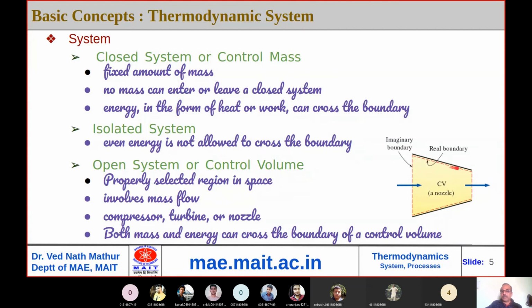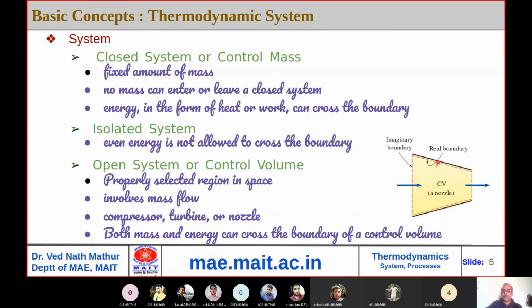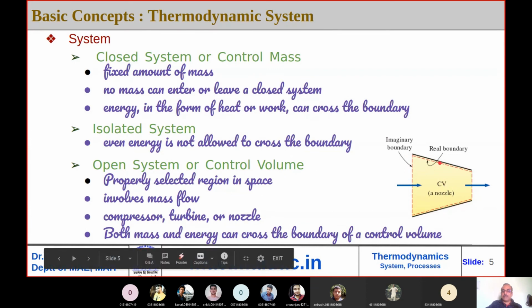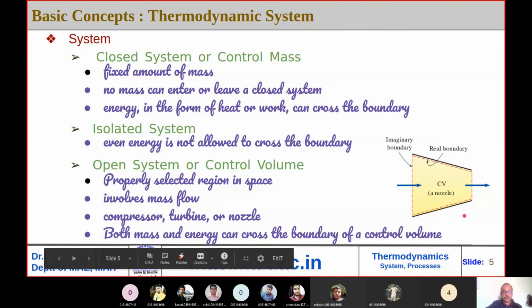So this boundary can be identified with the surface of the nozzle. But this boundary is an imaginary boundary. So this system has this surface as the real boundary and this inlet and outlet as the imaginary boundary.